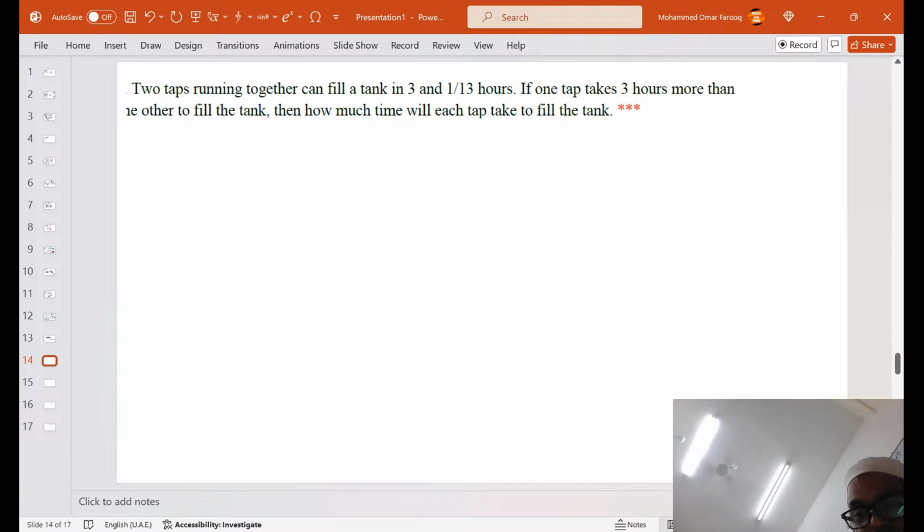It takes 5 hours to fill this tank. So that means equal speed, equal volume will flow out. So it is 5 hours. So in 1 hour, can anybody tell me how much of the part is filled?